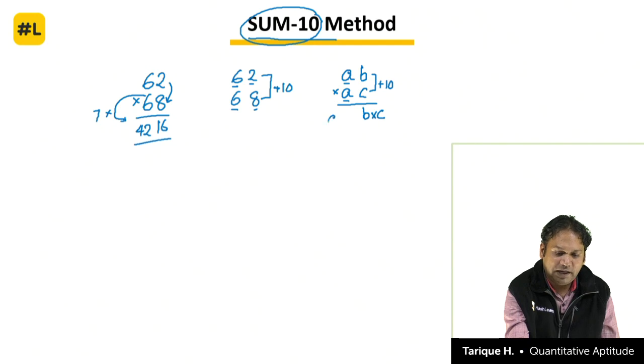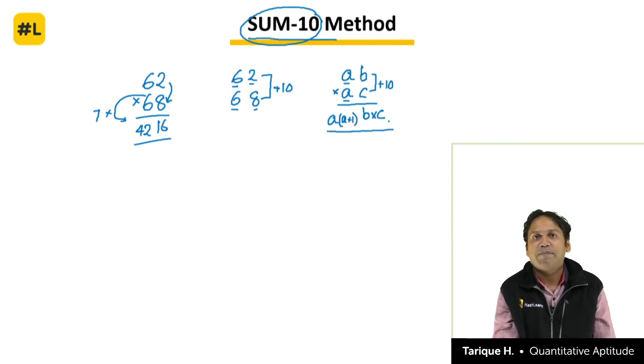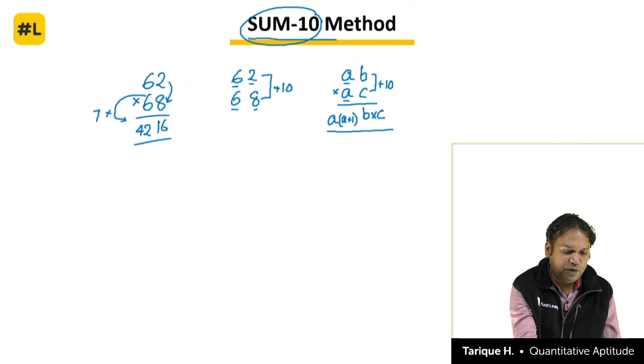Second step, multiply A into the number next to A, that is A plus 1. And that gives you the answer. So 2 into 8 here is 16, and 6 plus 1 is 7, so 6 into 7 is 42.